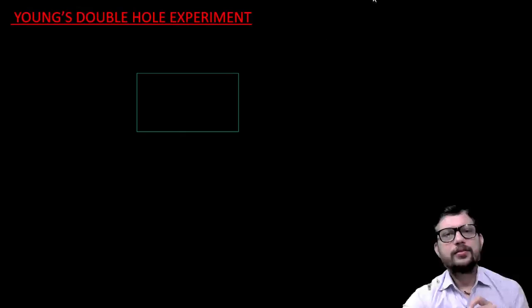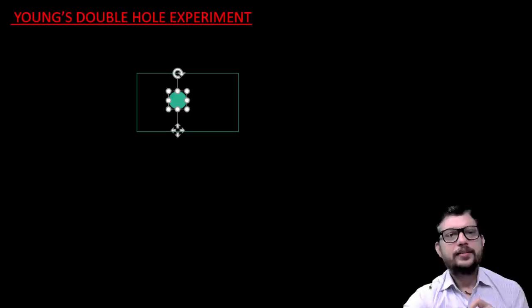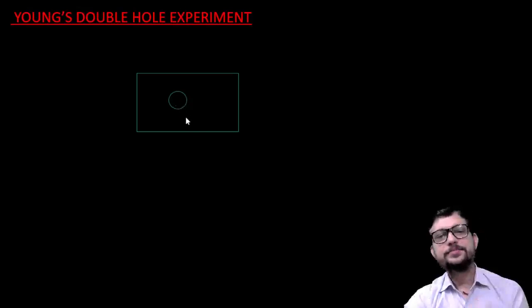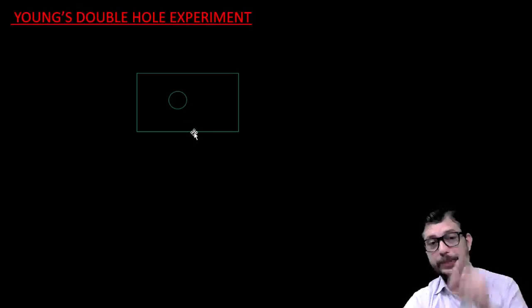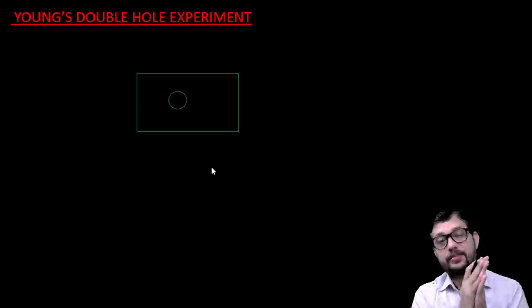Let's suppose this is your hole, like this way, and this is also like this way. You can now easily see that this is the hole which is made inside the cardboard. Now what did Young do up to here?